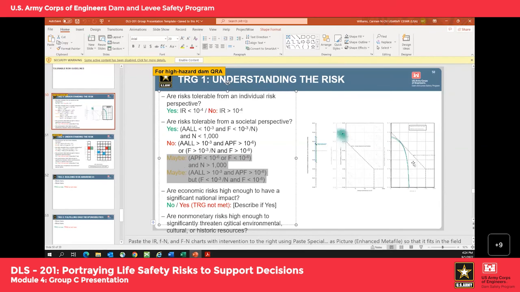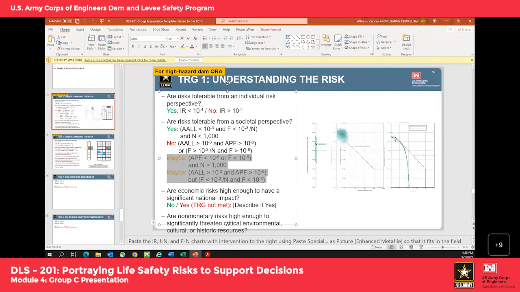So it's the probability that F is greater than a given n. So when you look at that curve, when it says F is less than 10⁻³ divided by n, it means that at no point along that curve does the curve exceed the societal risk threshold limit of 1E-3.